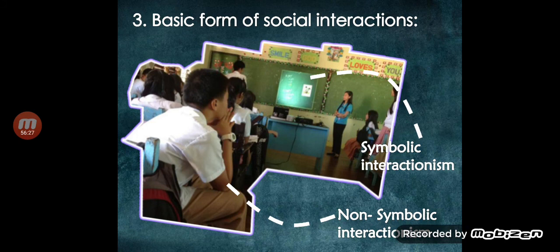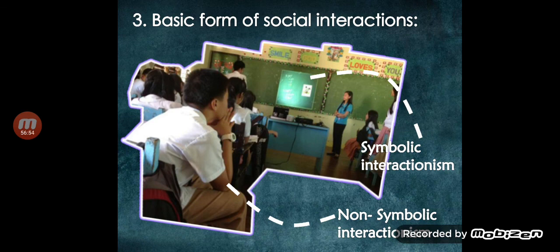Now, these objects are simply things out there in the real world. But when we try to look at it, each object that we are talking about has its own meaning to all of us. So meaning, different objects have different meanings for different individuals. I repeat, different objects have different meanings for different individuals.